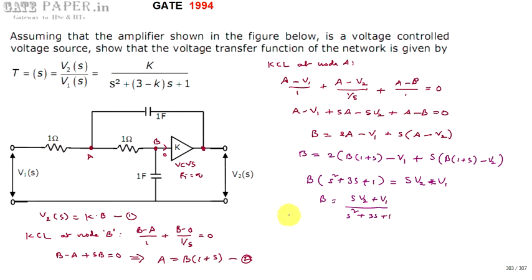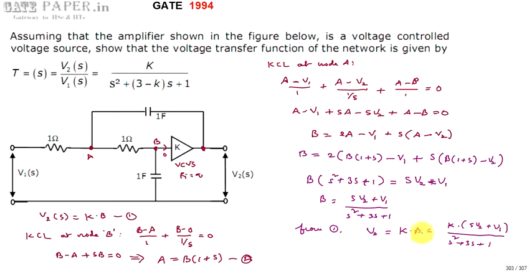And we know that V2 of S is equal to K times B, from equation 1. So V2 is equal to K times B, which is K into (SV2 plus V1) divided by (S square plus 3S plus 1).